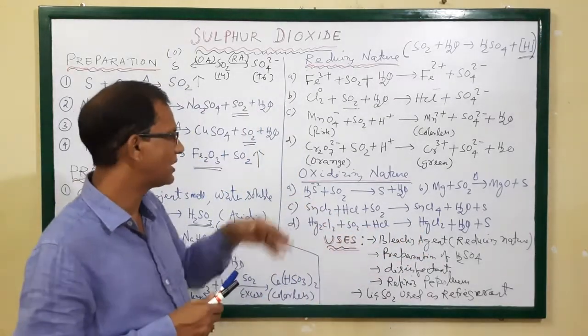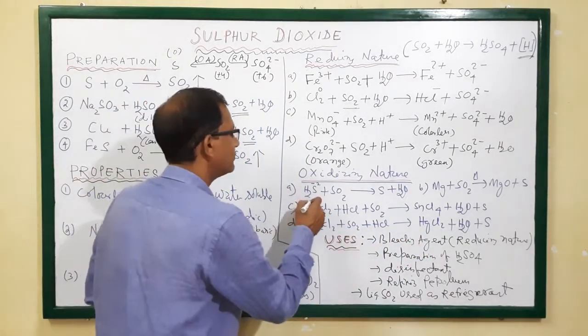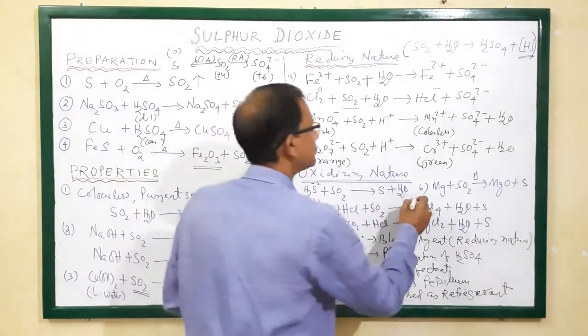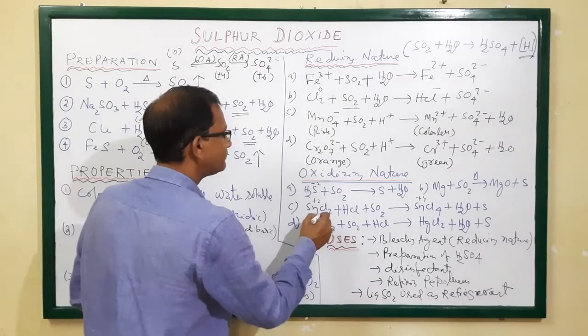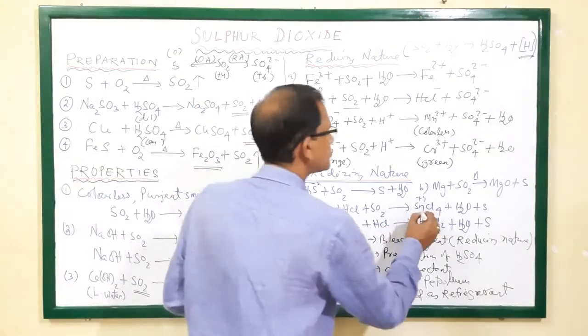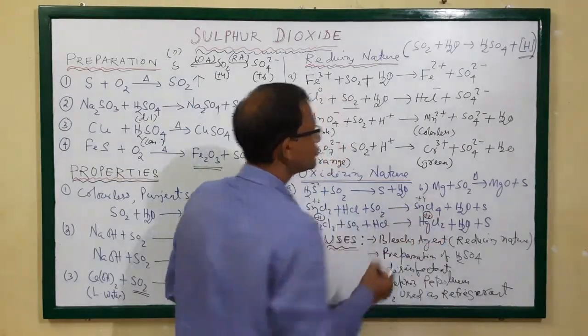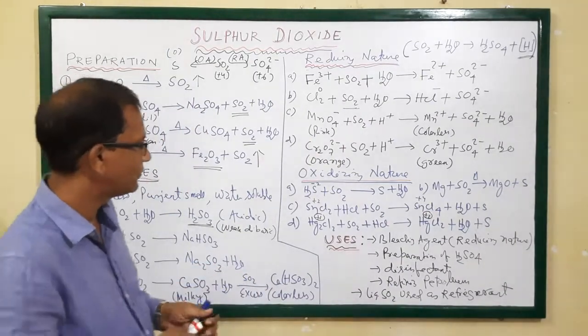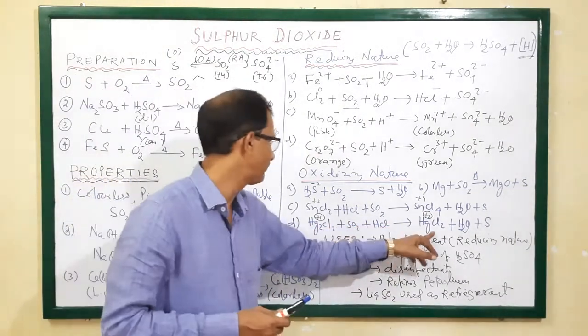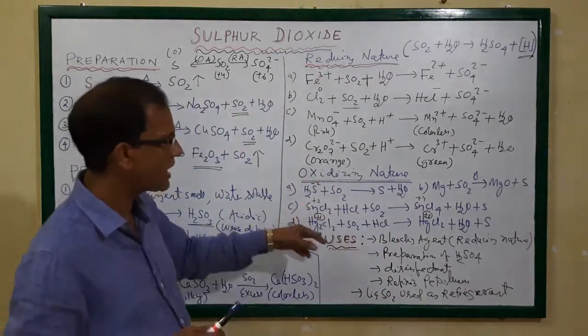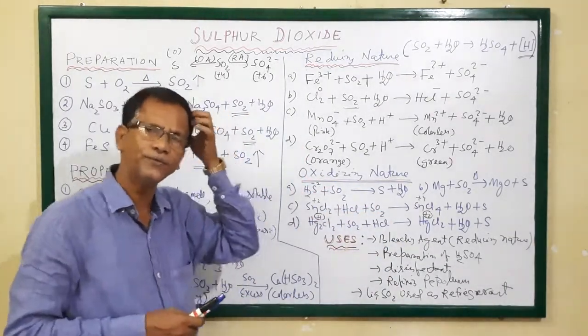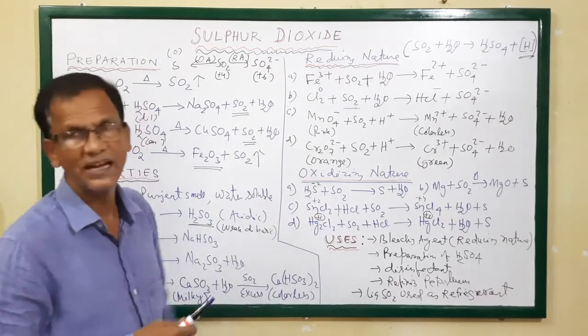These are very important, because here stannous chloride is +2, converting to +4, so it is oxidized. Mercurous chloride is +1, converting to +2. So this is oxidation of mercurous to mercuric, stannous to stannic. These are very important oxidizing properties of sulfur dioxide.